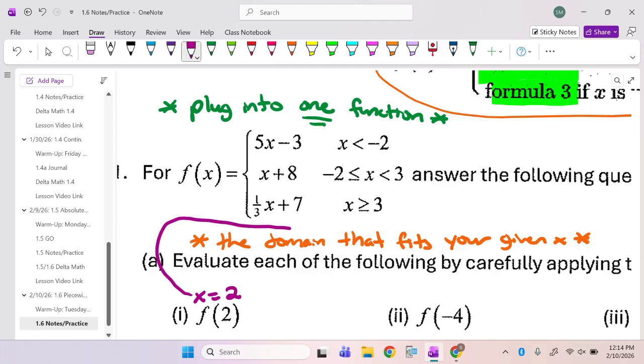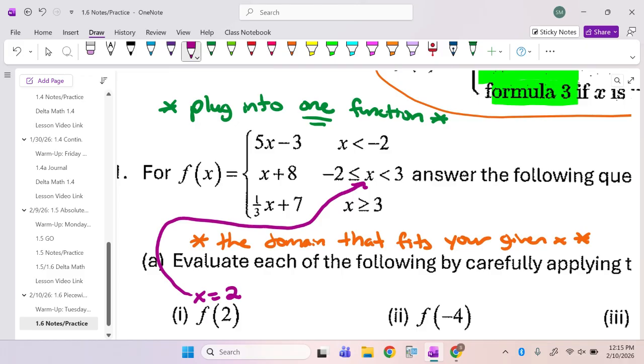Well, the only domain that makes it true is the middle one. If you plugged in 2 for all those x's in the domains, it's not true that 2 is less than negative 2. It's not true that 2 is greater than or equal to 3, but it is true that negative 2 is less than or equal to 2, which is less than 3. Does that make sense? Kind of, sort of, maybe.